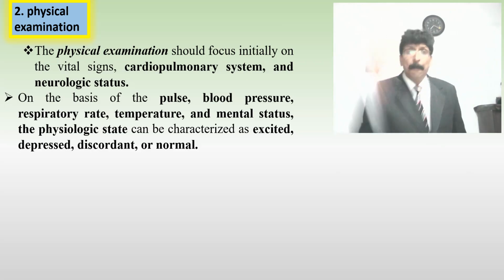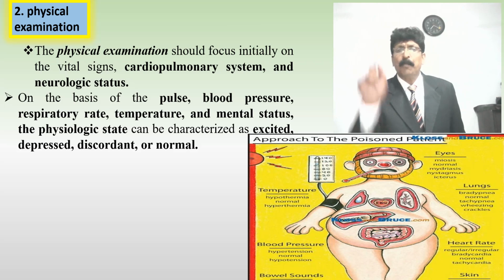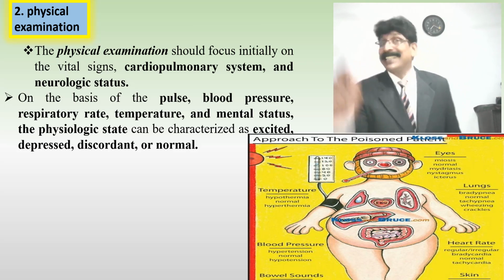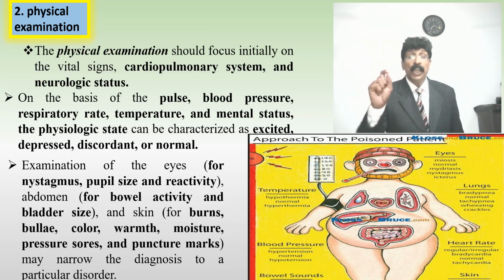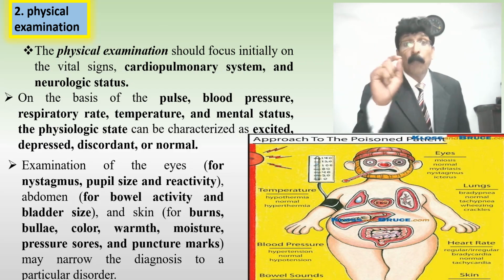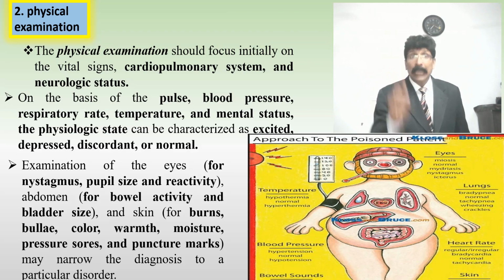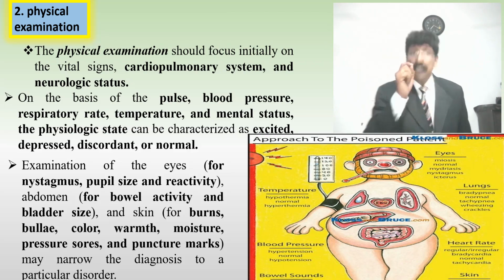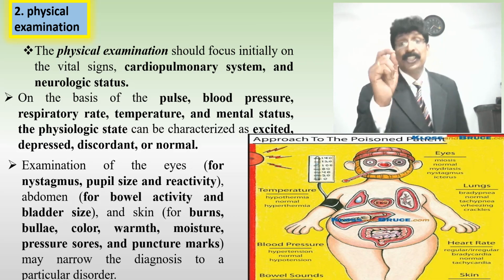It is very important to know about the temperature, blood pressure, bowel sounds, eyes, lungs, heart rate, skin, and examination of the eyes for nystagmus, pupil size and reactivity, abdominal bowel activity, bladder size, and the skin for burns, color, warmth, moisture, pressure sores and puncture marks, if there are any, which may narrow the diagnosis to a particular disorder. It will help for the treatment.